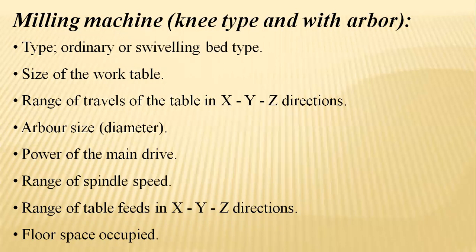Ordinary in the sense, most probably we will be utilizing this knee type of bed. And if there is any swiveling bed, then the arbor condition needs to be utilized to hold the specimen very tightly and to progress the operations.